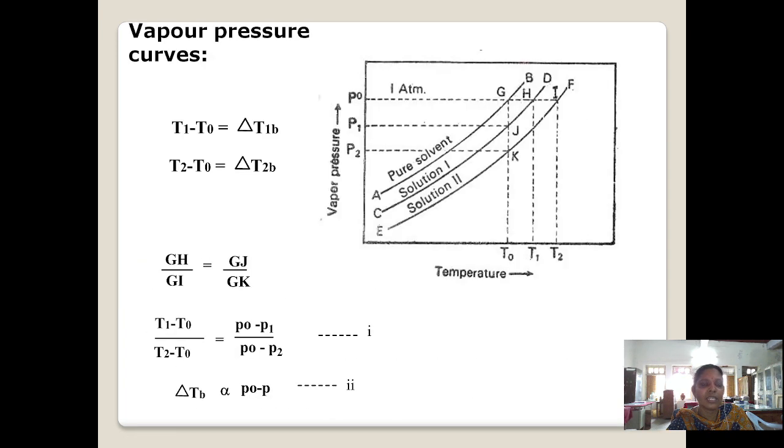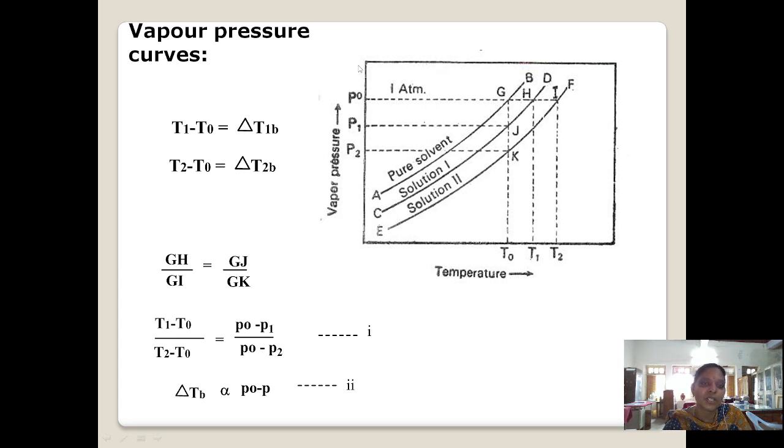We can clearly observe this by using vapor pressure temperature curves, taking a pure solvent, solution 1 and solution 2. Solution 1 contains some x grams of solute in the pure solvent, and solution 2 is obtained after dissolving some y grams of solute in the solvent. Here we get the relation like this.